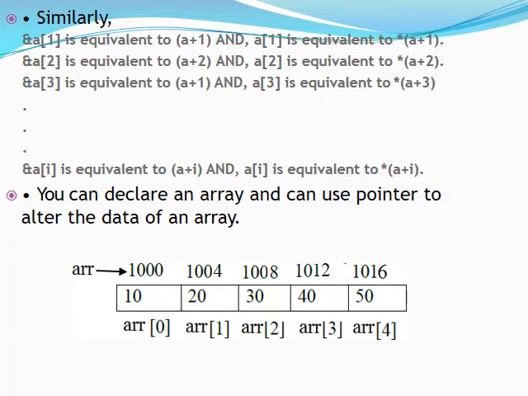That can be depicted in an array format where you can see the address is varying, that is 1000, 1004, 1008 depending upon the data type. If the data type is integer, it may probably be 1000, 1002, 1004, 1006, 1008 like that. If it is a float type, it is maybe 4 bytes across as it goes.